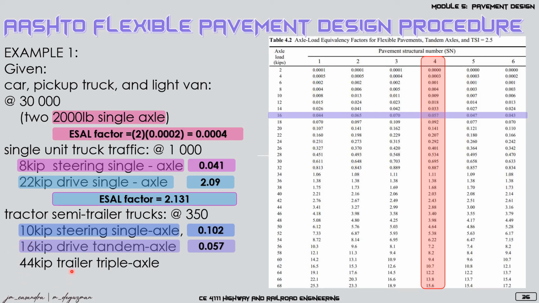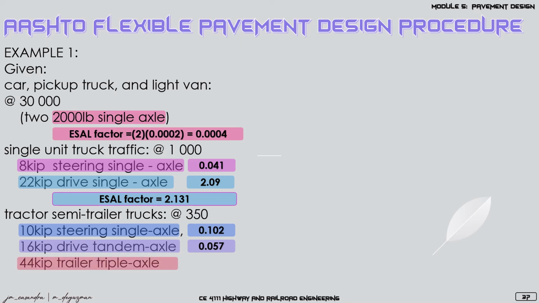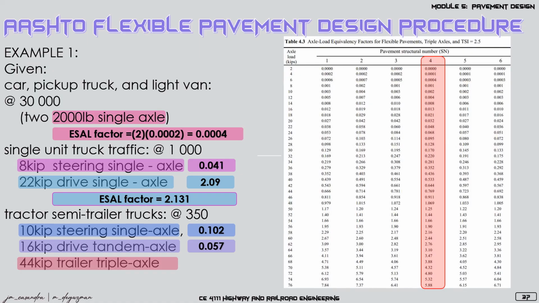And then for the triple axle, we use a different table again. The triple axle will be using Table 4.3. So always check the title here. For triple axle 44, we have here 44, which gives us the equivalent factor of 0.769 under structural number 4.